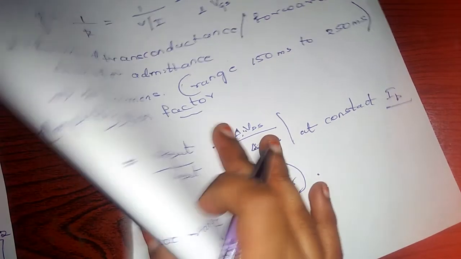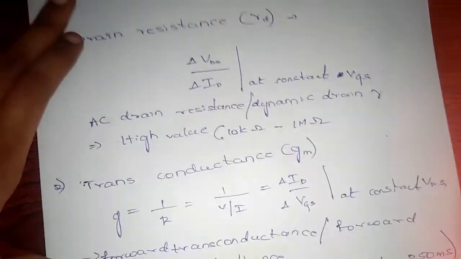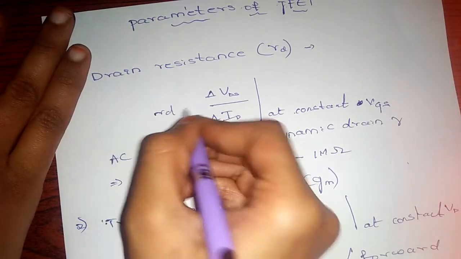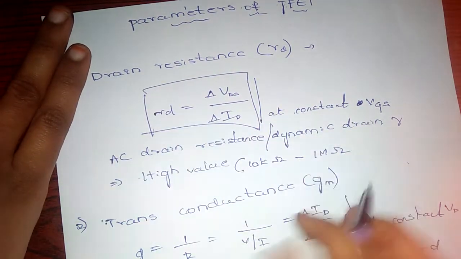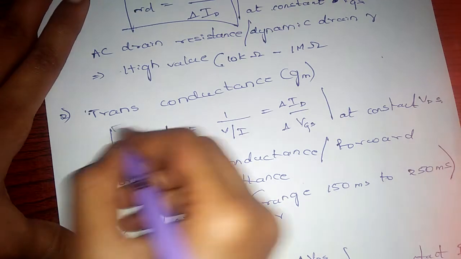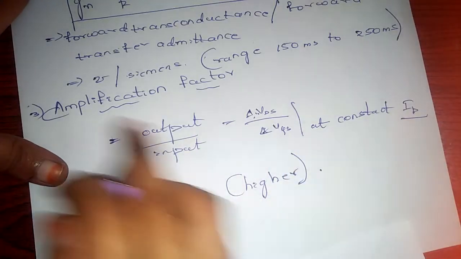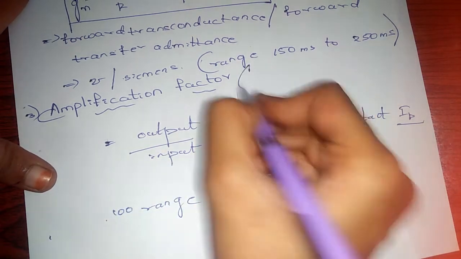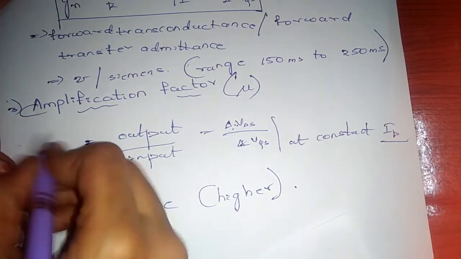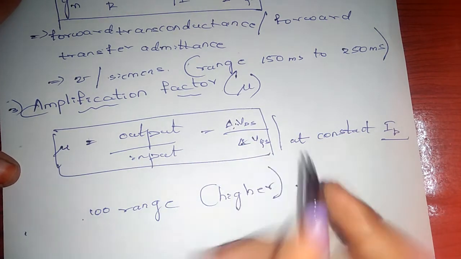Now let's look at the relation between these three. RD is equal to change of VDS by change of ID, GM is change of ID by change of VGS, where mu, the amplification factor, is the change of VDS by change of VGS.